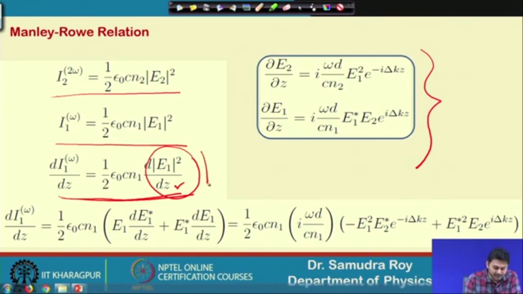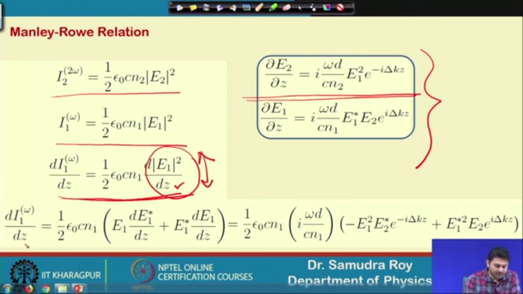Please note that we are considering E1 as a function of z. Previously, when we solved this differential equation, we considered E1 a constant, which is not critically true, but here we put more physical emphasis and try to find out what happens if E1 is really changing with respect to z.